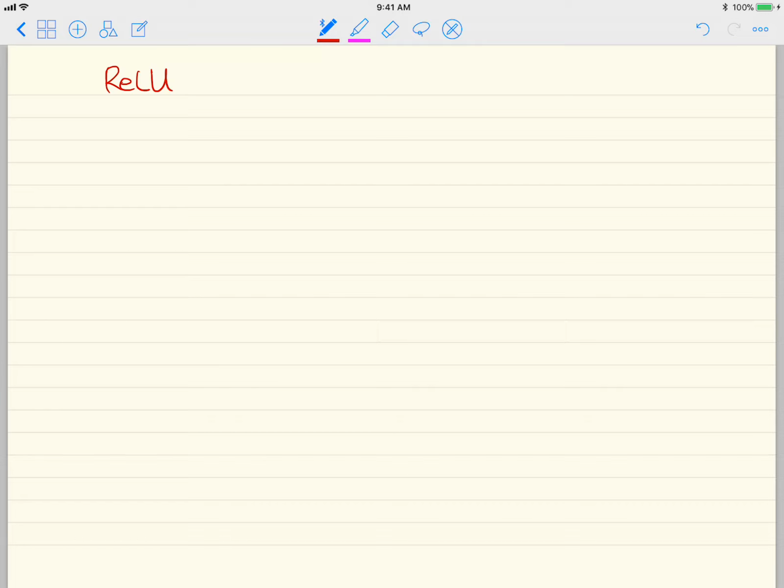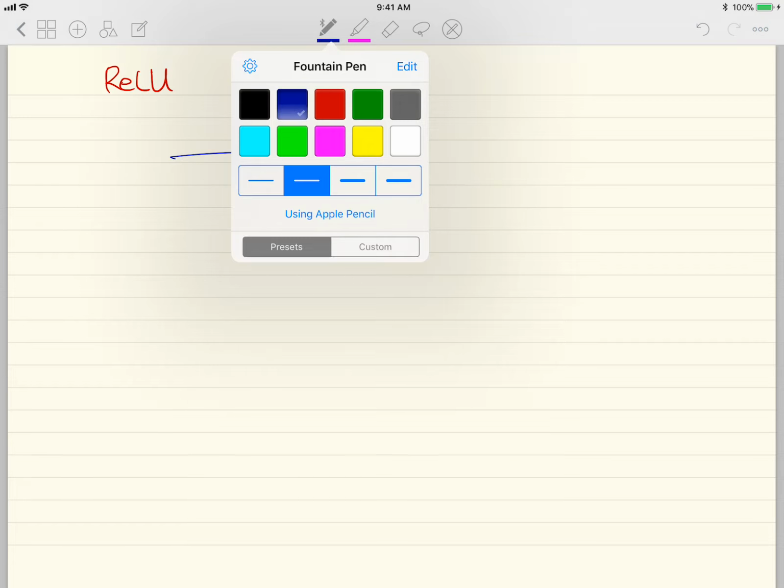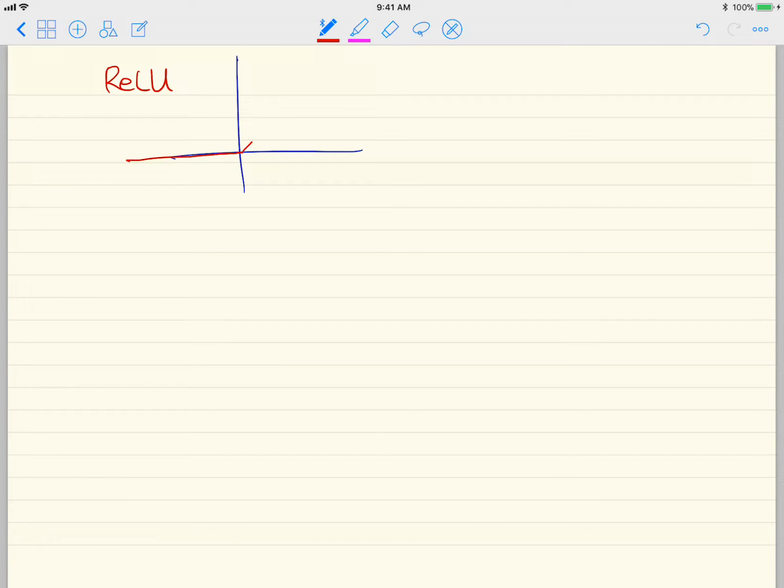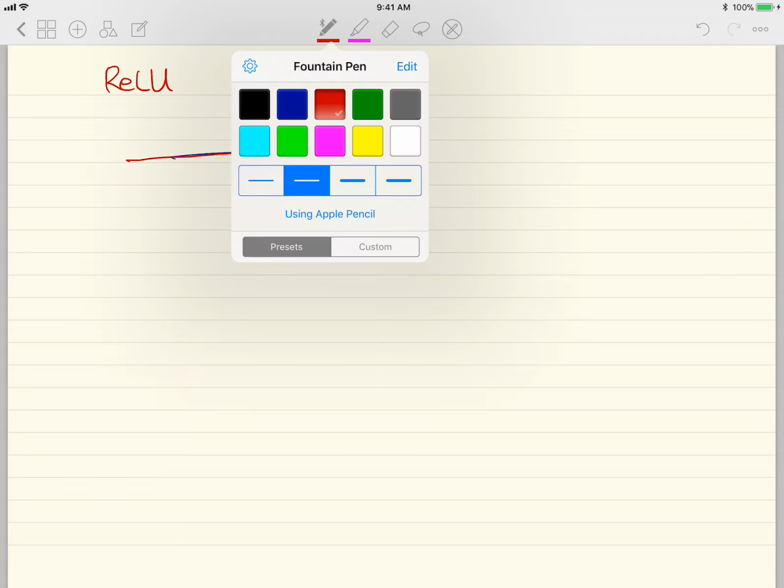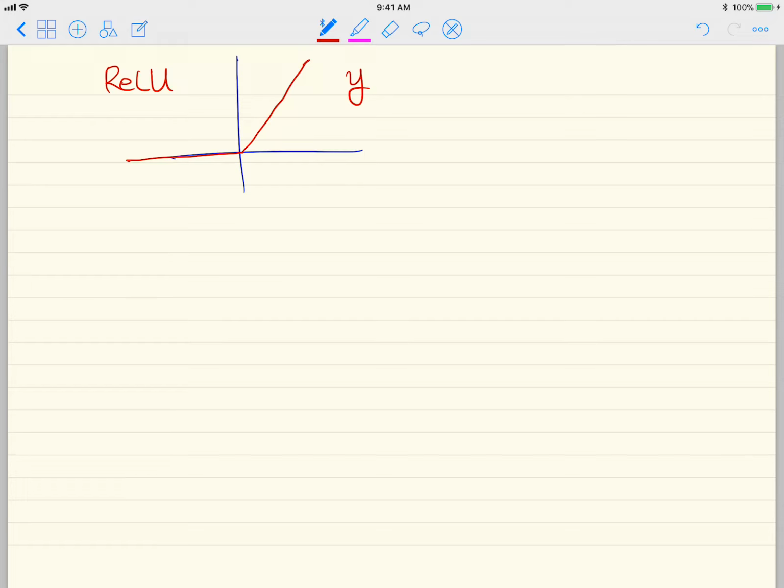And why is ReLU alleviating the gradient vanishing problem? You guys are quite familiar with this background about neural nets, but ReLU is something like this, right?